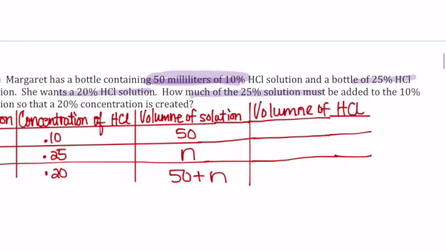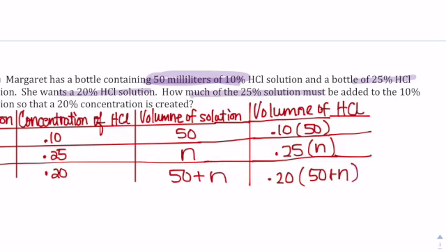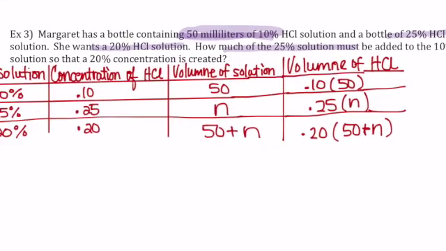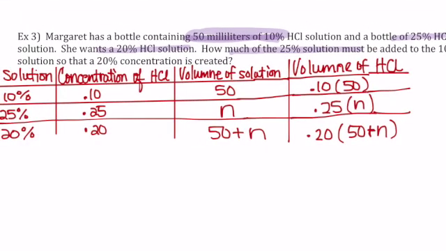So in this case we take 0.10 times 50, plus 0.25 times N, and that equals 0.20 times 50 plus N. Now you tell me, what do you think the solution is going to be? The equation is literally the first one plus the second one gets you the one that you want, which is the third one.